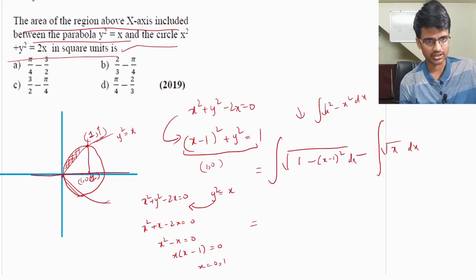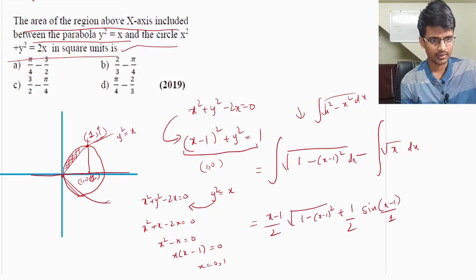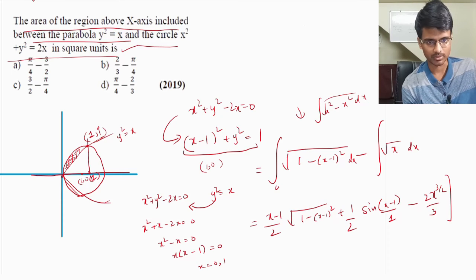What is the integration of root of a square minus x square? x by 2 times whatever is there, the same thing, we'll just write it here. Then plus a square by 2 and sine inverse of x by a. Simple, right? And then we have got minus the integration of x power 1 by 2, which is x power 3 by 2 by 3 by 2. So the limits, I forgot the limits, sorry guys, 0 to 1. So 0 to 1, right? I have to just find that out now.